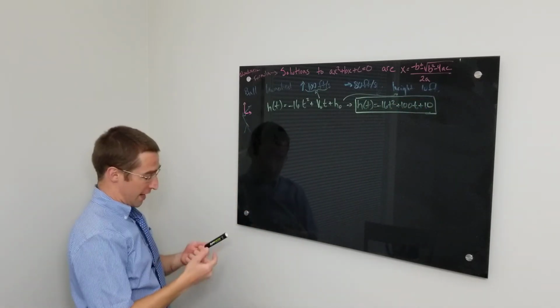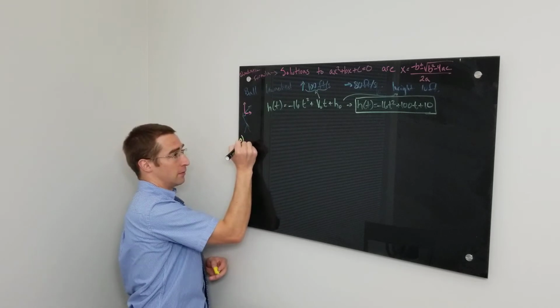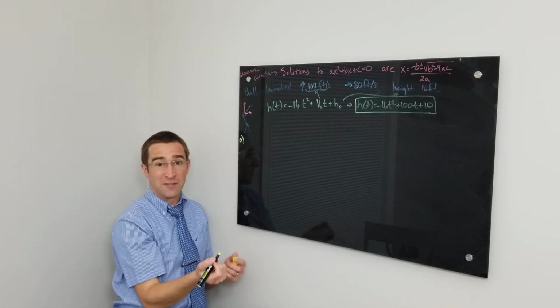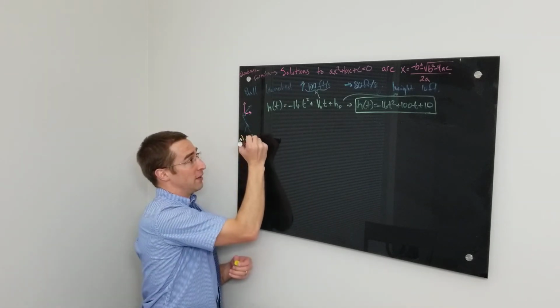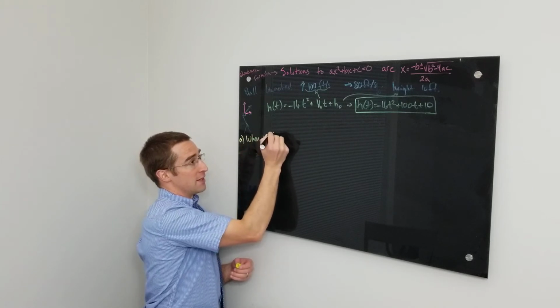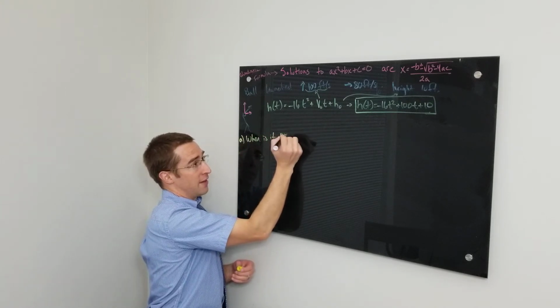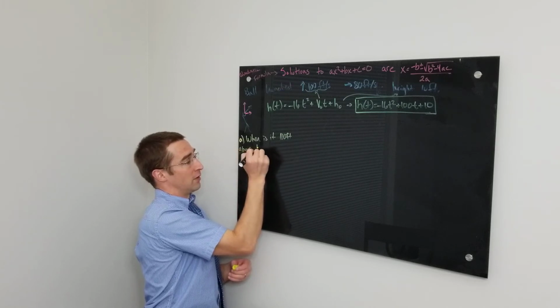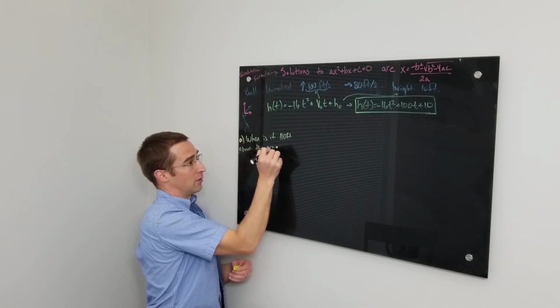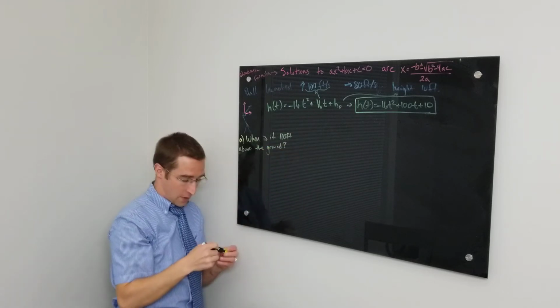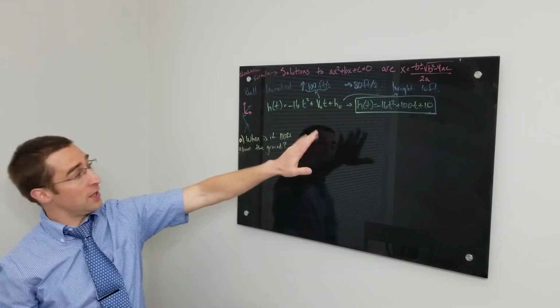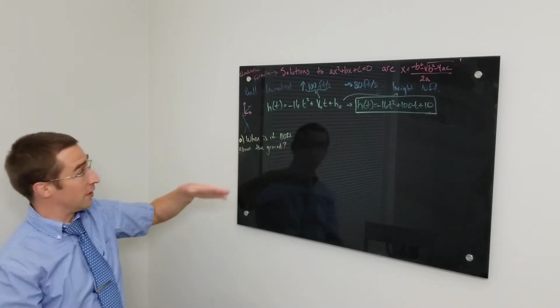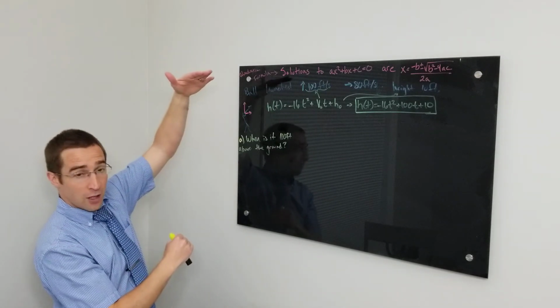So the first one is asking, when is the ball 110 feet from the ground? So when is it 110 feet above ground? Well, we look at the equation, it's saying 110 feet above the ground. That's going to be the height above the ground.